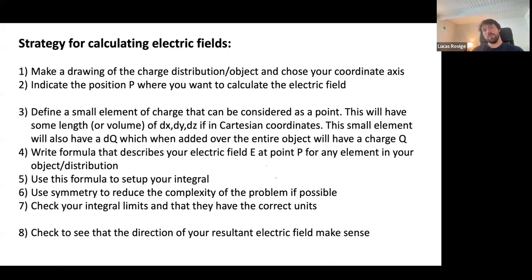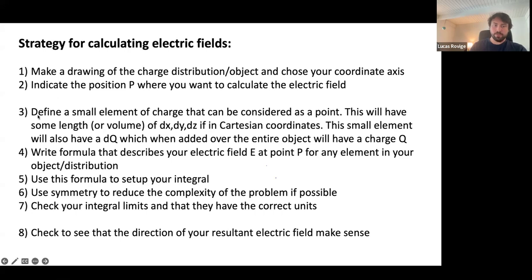And so when we're considering charge distributions, we will follow a specific strategy to compute the fields for those complex distributions. First, for every physics problem, it's always a good idea to make a drawing of the distribution, have a coordinate axis, and then indicate the position at which you want to calculate the electric field.